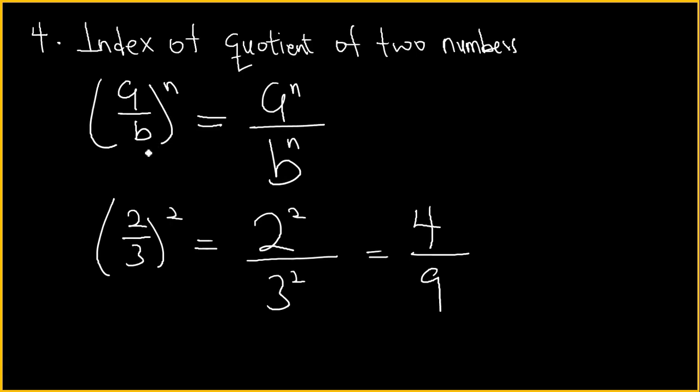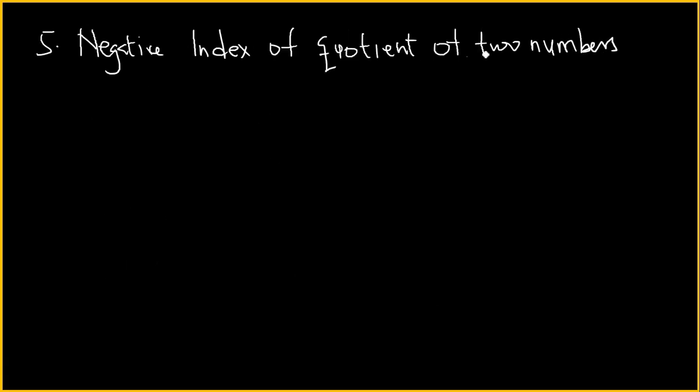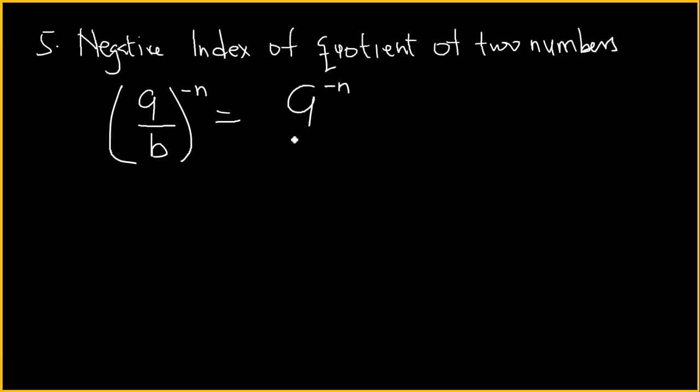The next property, negative index of quotient of two numbers, (a on b) all raised to the power negative n. This is rewritten as a to the power negative n on b to the power negative n.